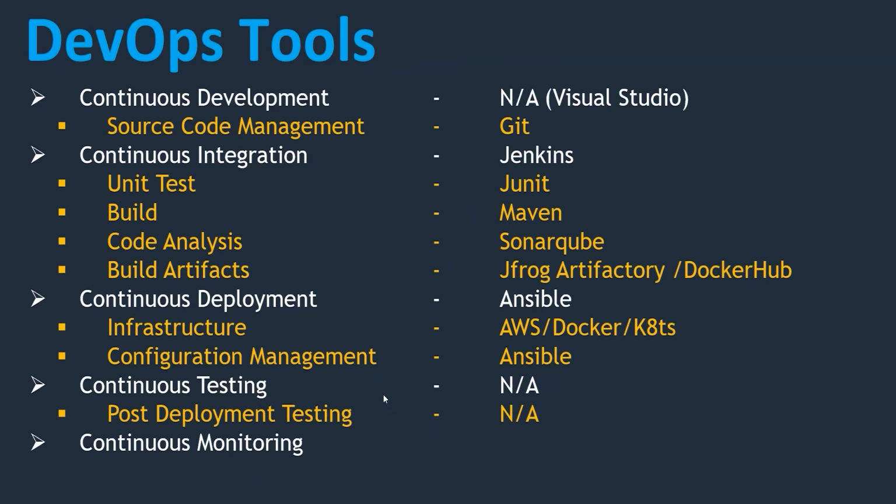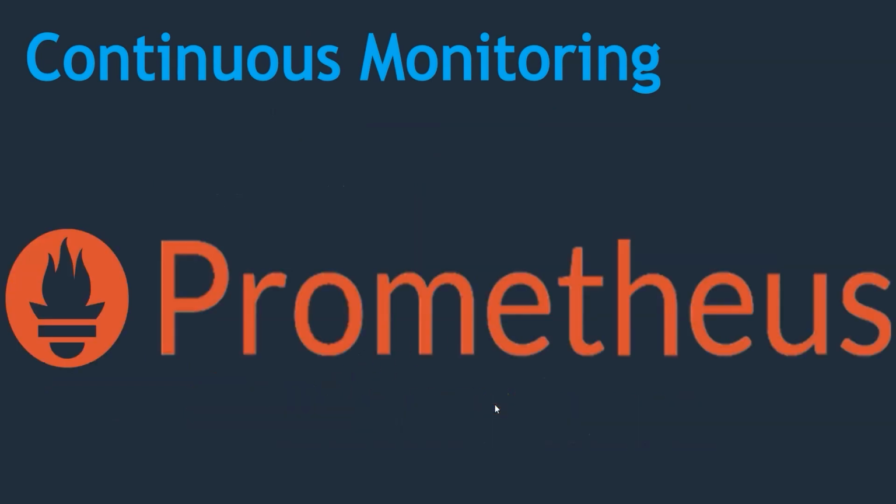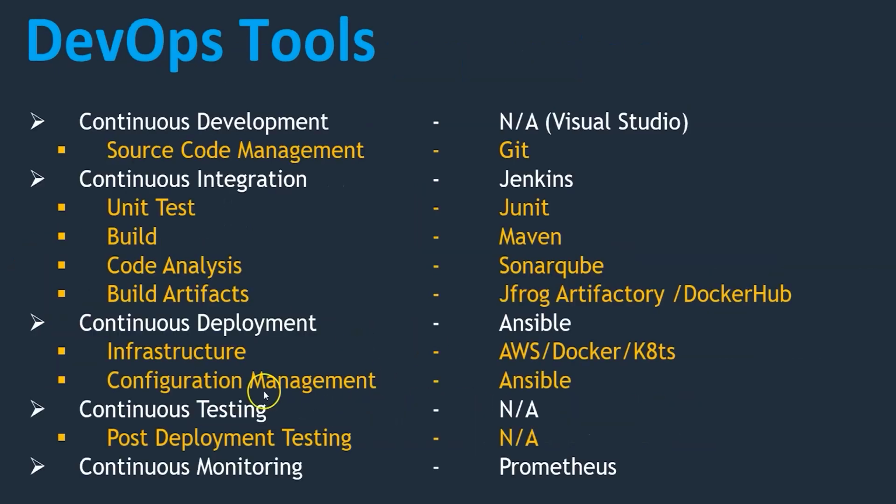Then continuous monitoring. Under monitoring, we have Nagios, Zabbix, Prometheus. Among these, we are going to choose Prometheus. So under continuous monitoring, we are going to deal with Prometheus. These are the tools we are going to cover in our training.